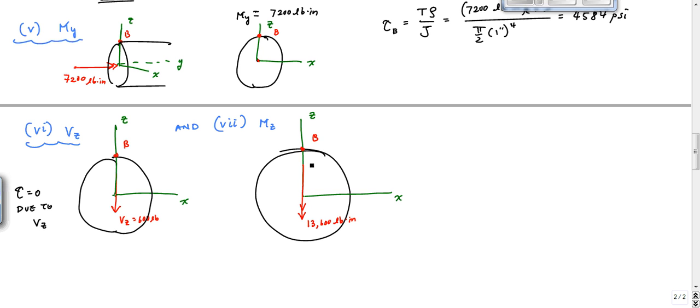And then same thing here, I have a moment acting about z, but I have no distance from the neutral axis of the Mz, the moment about z. So therefore, the normal stress equals 0 due to Mz.